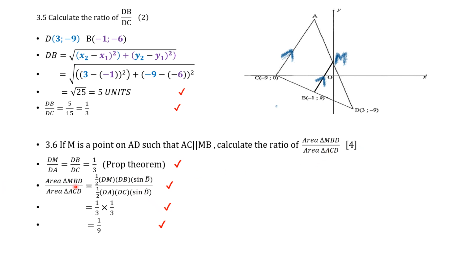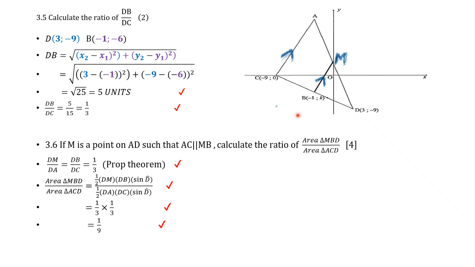Now we take the area of triangle MBD, right? We have a half, and then TM times TB times sine T. Not half base times height, we're going to use the area rule with the sine of the angle in between. So there we have taken these two sides over each other.